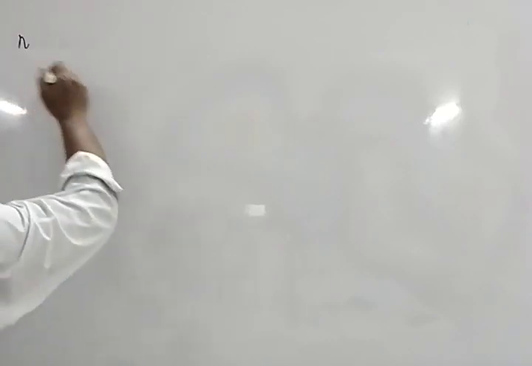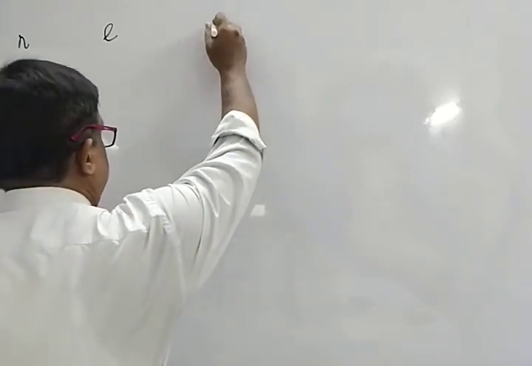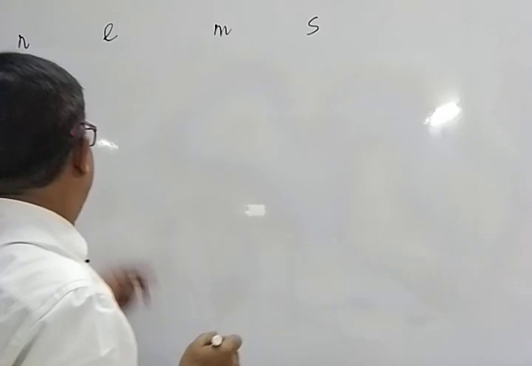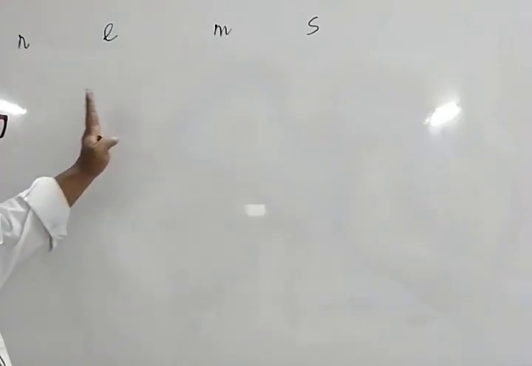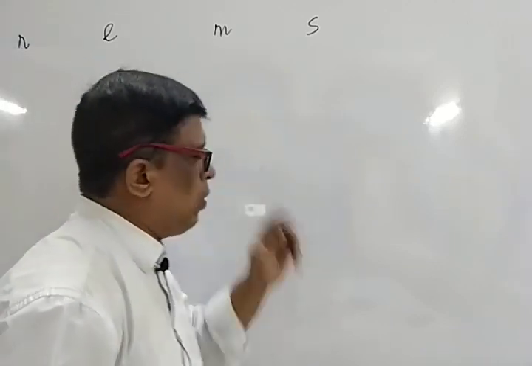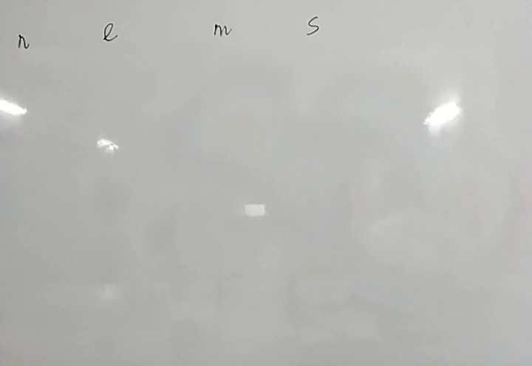Mark that. First is the principal quantum number n, then L means azimuthal quantum number, then M means magnetic quantum number, S means spin quantum number.